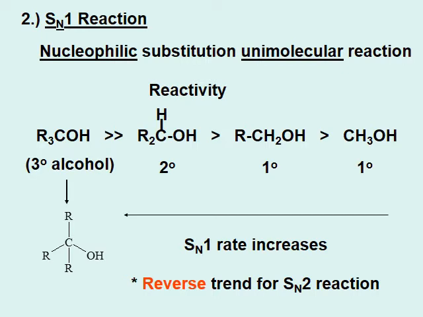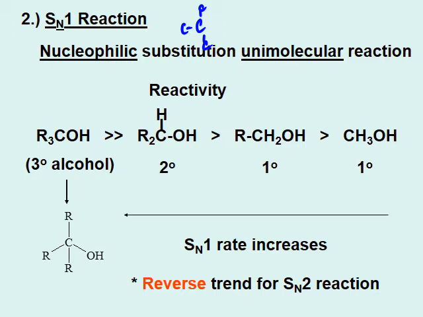This happens fastest for a 3 degree substrate. In this case, 3 degree means the carbon that contains the alkyl halide is bonded to 3 other carbons. So the central atom here is 3 degree.